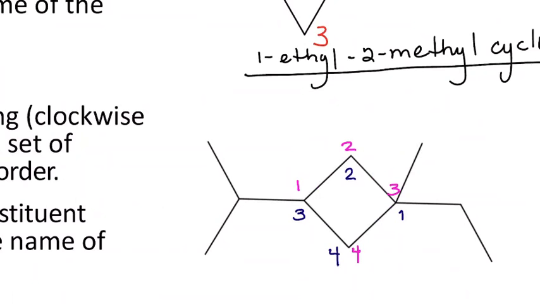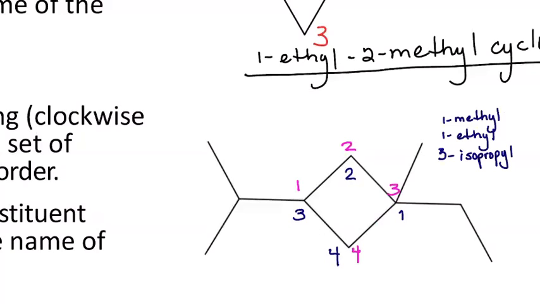But the important thing, great job in the chat. You already got this. So when we have this scenario and we need to decide, okay, in the blue arrangement of numbers, I have a methyl on 1, I have an ethyl on 1, and I have an isopropyl group on 3.